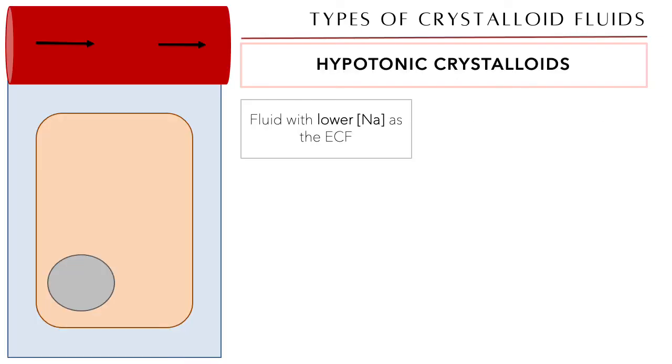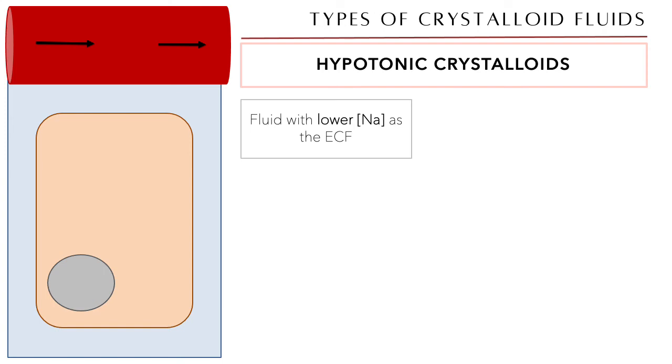So let's go to hypotonic crystalloids. These are fluids with a lower sodium concentration as compared to the ECF. It requires your basic knowledge of chemistry: diffusion, osmosis, and such.